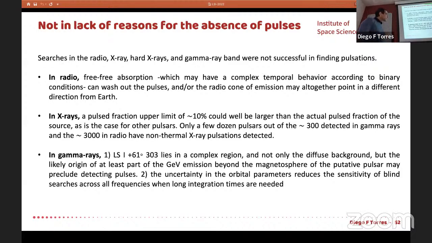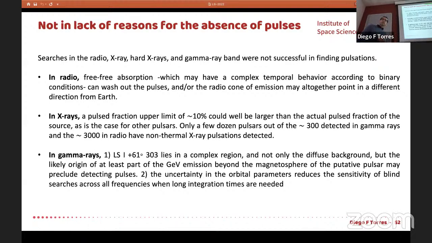But the main reason is that there is a large uncertainty in the orbital parameters themselves: the orbital period, where the periastron is located, etc. If you are going to integrate long in order to detect the pulsation, this plays a role.